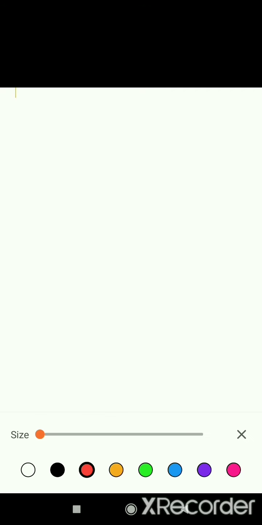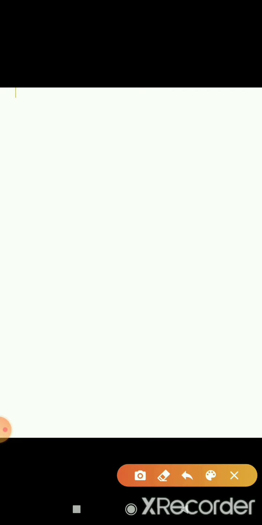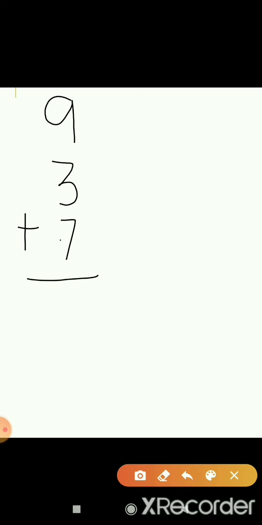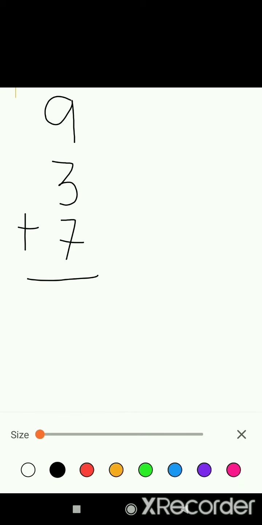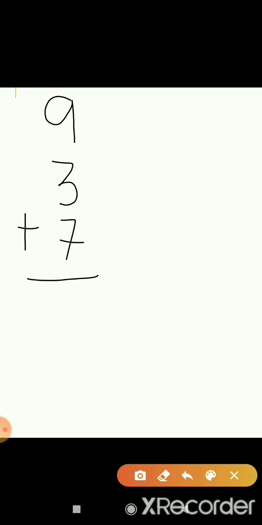Let us take one more example. 9 plus 3 plus 7. Now students, we have to look for a number which makes 10. We are looking for a 10. 9 and 3.